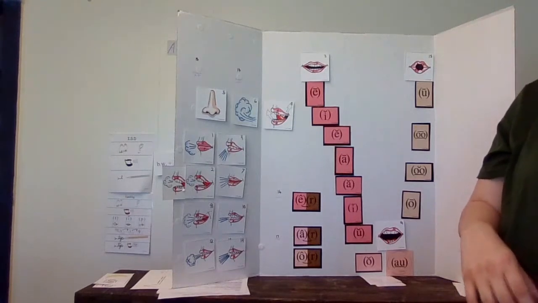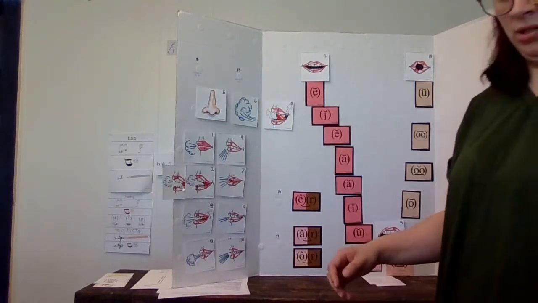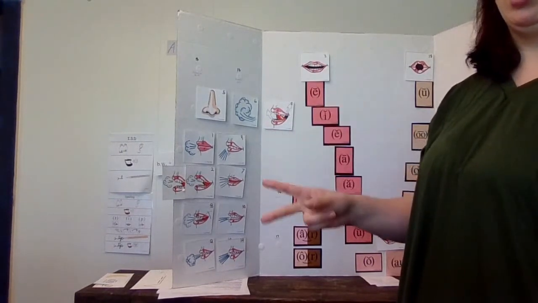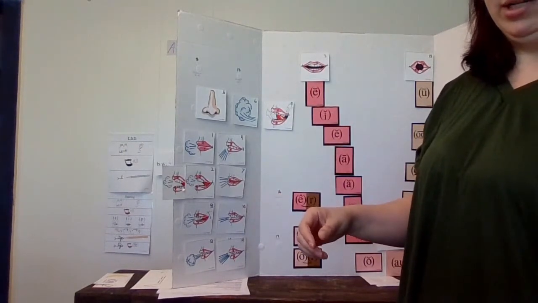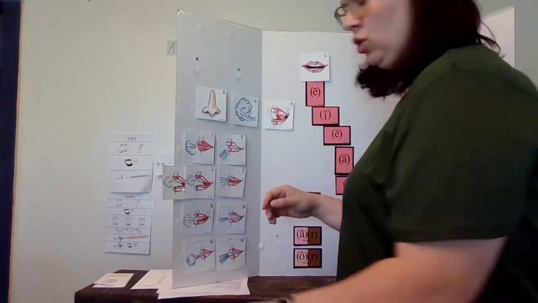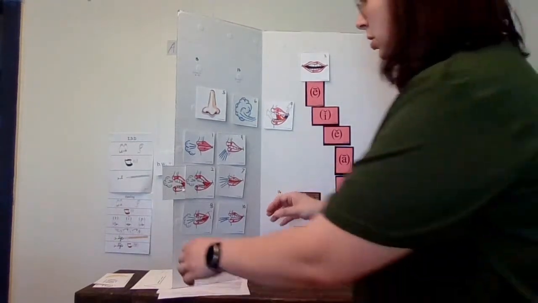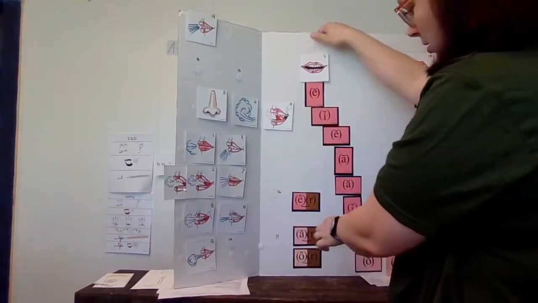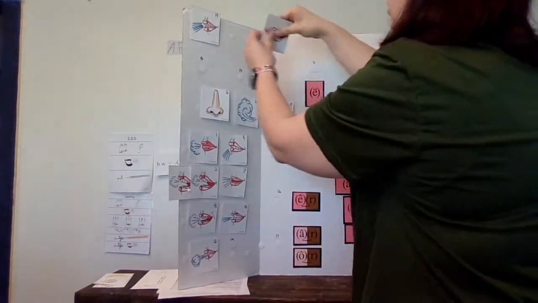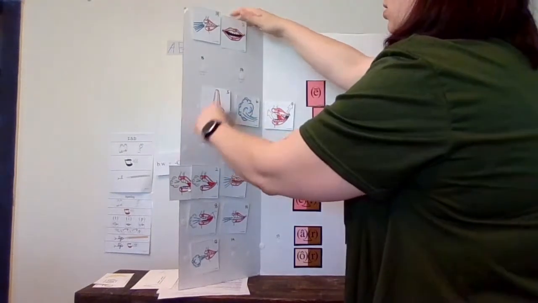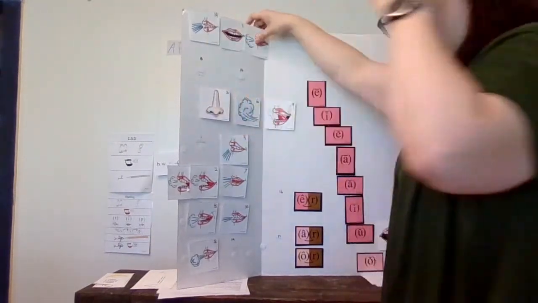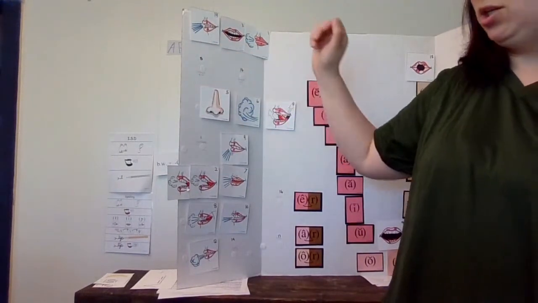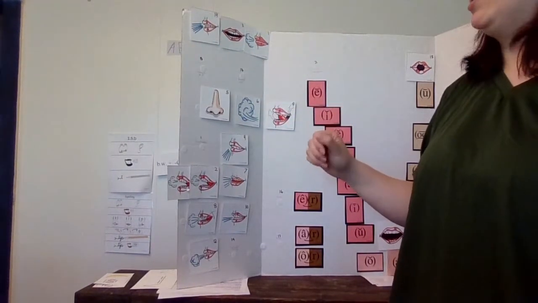Show me shut. Shut. All right, let's unblend it. Sh. T. All right, let's pull down our sound picture. Shut. Sh. T. All right, so if this is shut, show me hut.